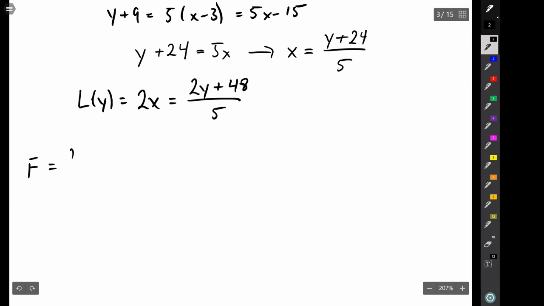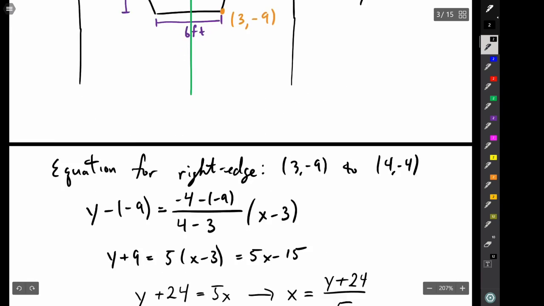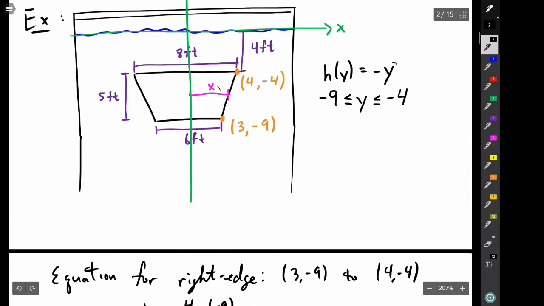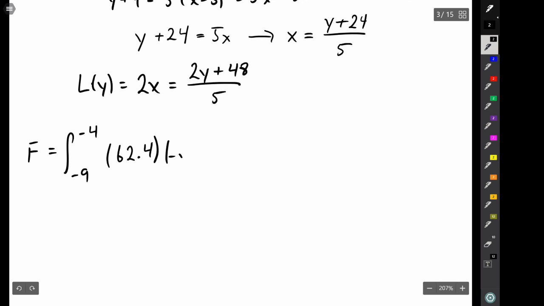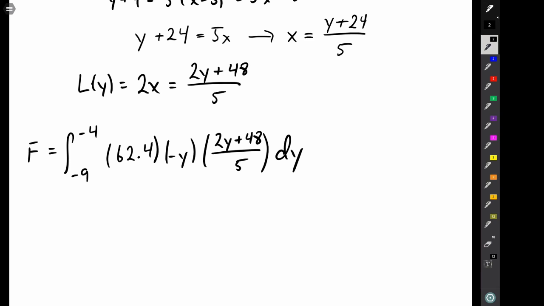The total force exerted on this is the integral from -9 to -4 of the weight density, which for water is 62.4, times the depth, so times -y, times (2y plus 48) over 5 dy. Now we would just have to compute whatever this happens to be.